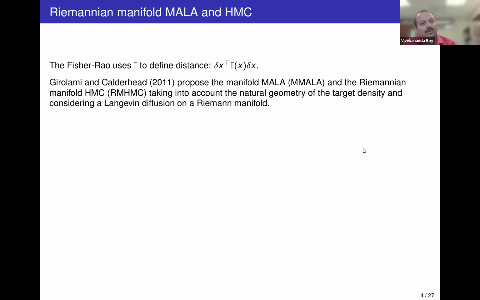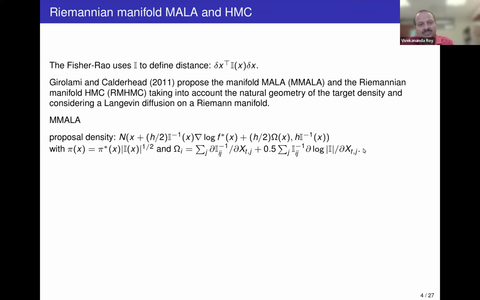Indeed, Mark Girolami and Ben Calderhead had proposed the manifold MALA, where they basically use this natural geometry on the target to construct the MMALA proposal. And as you can see, the MMALA proposal density is quite complex.